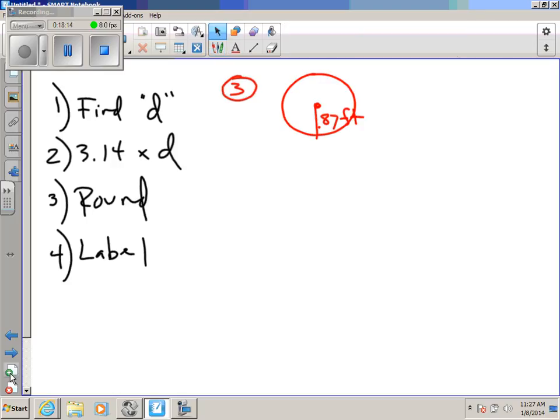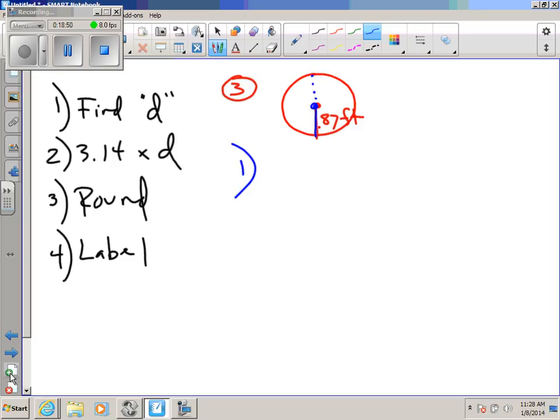Okay? That's kind of what we're working with there. Now, if I need to go to step 1, which is find D, do they have D up there or is that R? It's R. So what I need to do is find D from this R. If it's 87 hundredths of a foot from the middle to the side, to the edge, how much is it going to be from that way too?